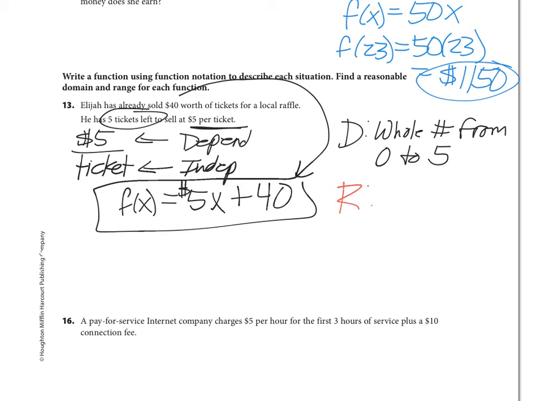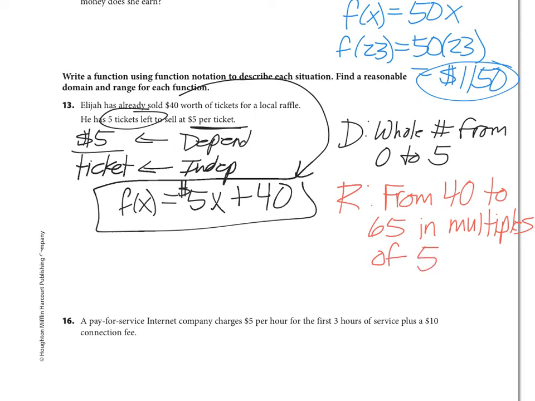So our range goes from where? It's from 40 to 65. How? In multiples of 5. Now why multiples of 5?